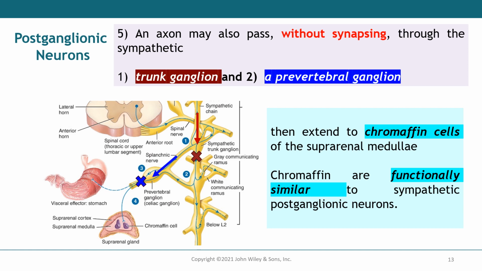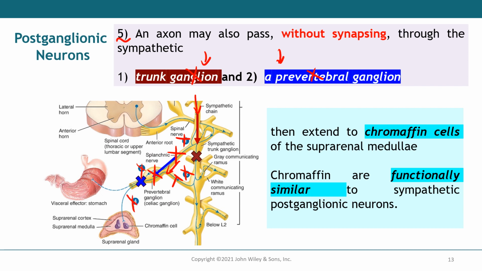Now we're going to talk about the fifth path. In the fifth path, we're going to go through the trunk ganglia and through the prevertebral ganglion, and there will not be synapses. So it will not go ascending or descending, it will not pass up or pass down, and it will not synapse in the prevertebral ganglion.